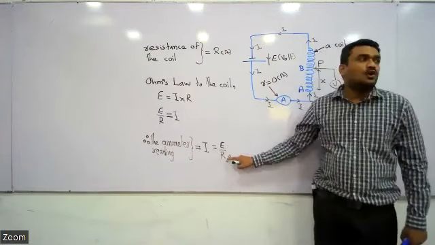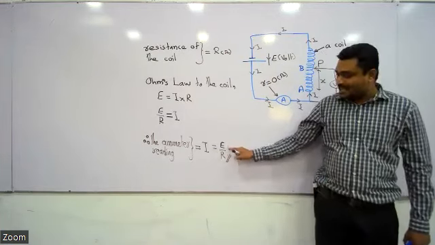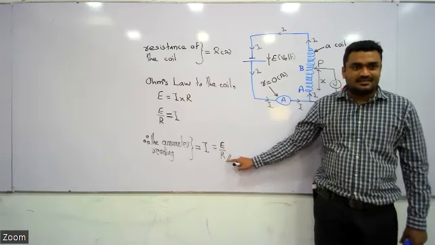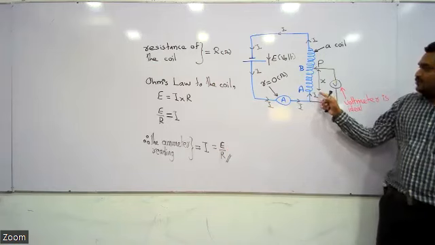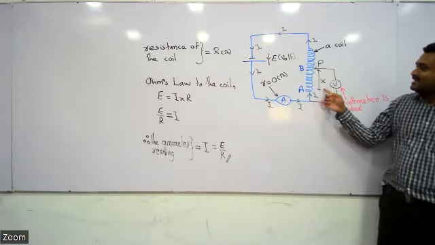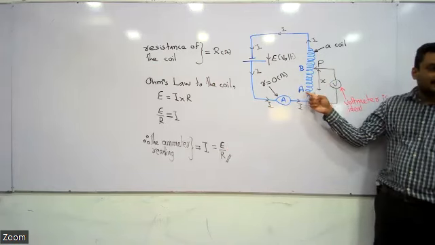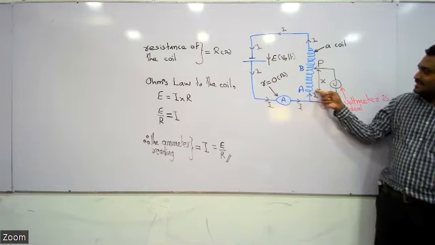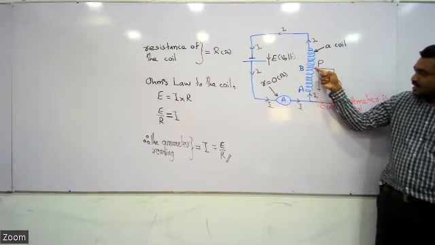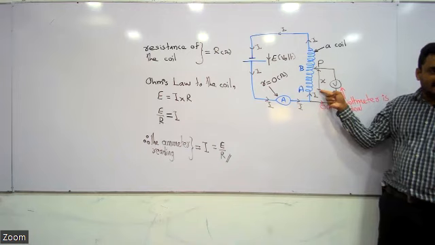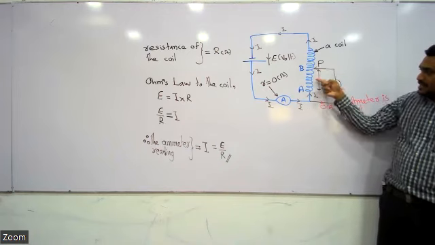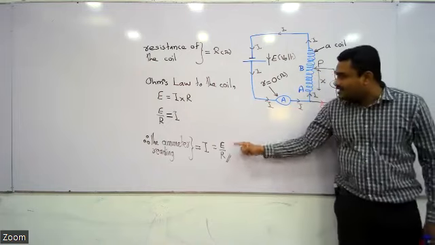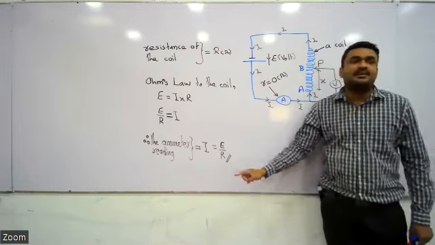So what is the above equation? Current equals E over R. Both E and R are constants. The value of E and the value of R do not change with the distance x. What is x here? X is the gap between A and B. X is the distance of the contact B from the point A. So whether you increase or decrease it, the resistance of the coil R and the battery voltage E remain unchanged.